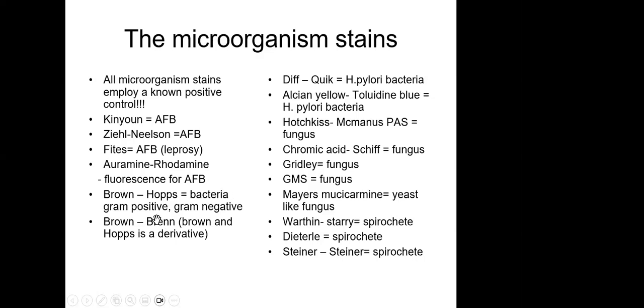They're both gram positive, gram negative stains. But the Brown and Hopps is the derivative from the Brown and Brenn, and the Brown and Hopps is much easier to perform than the Brown and Brenn is.